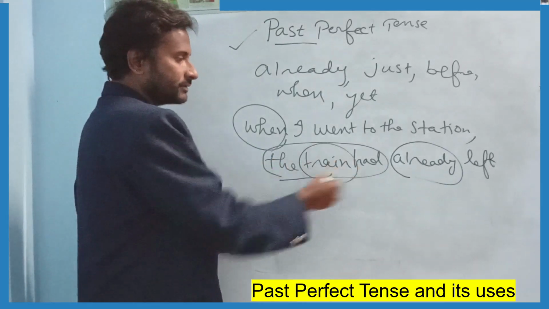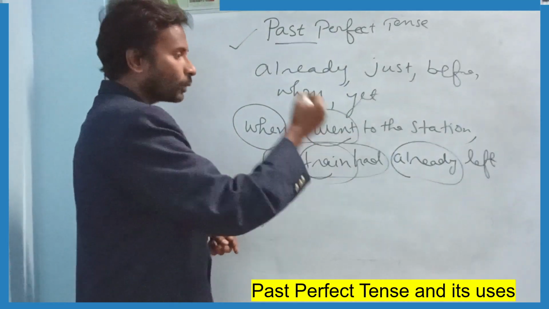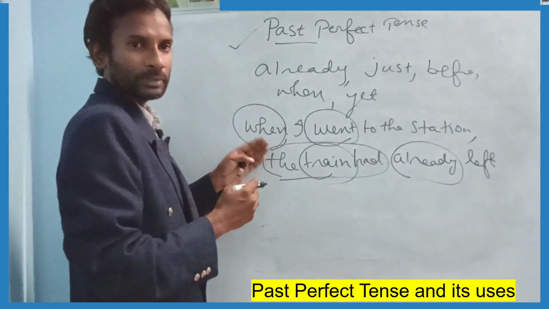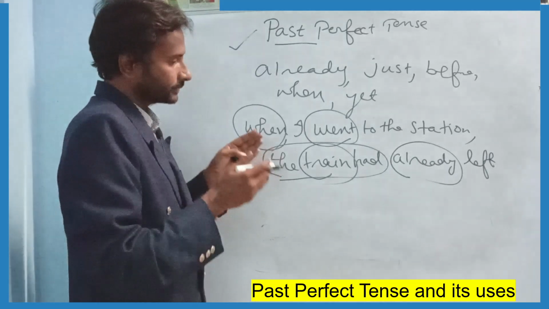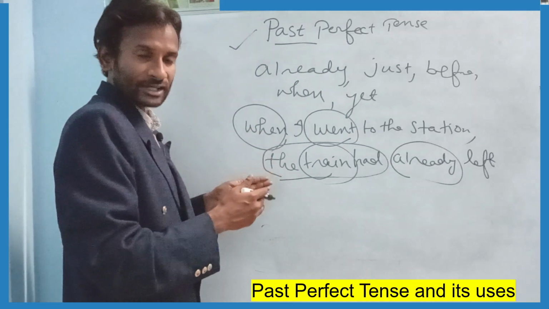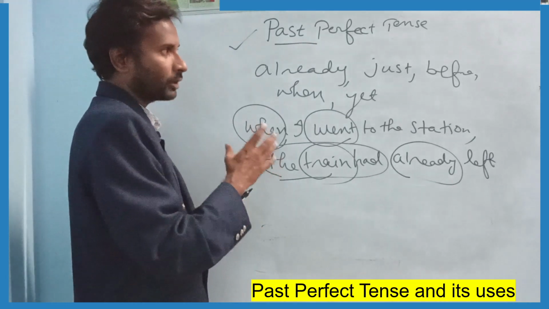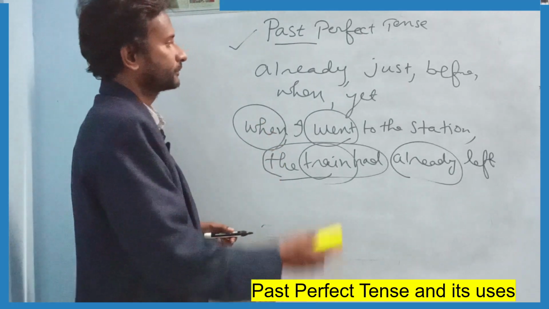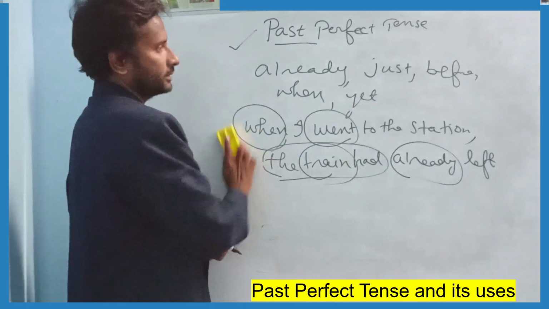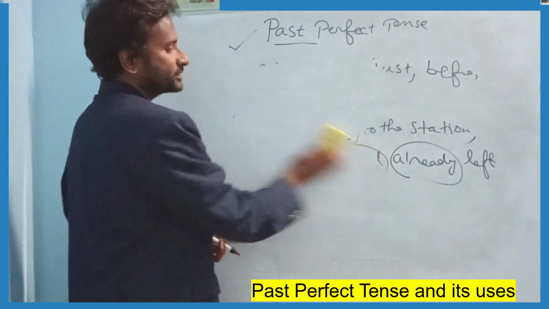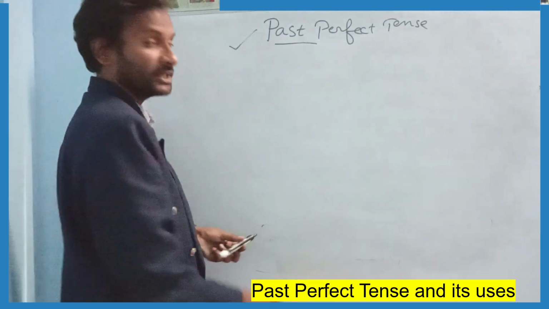The train leaving was the first action and went is the simple past tense. The second action should always be in simple past tense. The action that happened first must be in past perfect tense. So this is about time expressions. Hadn't you finished your work yet? We are using yet. He had just finished his lunch.